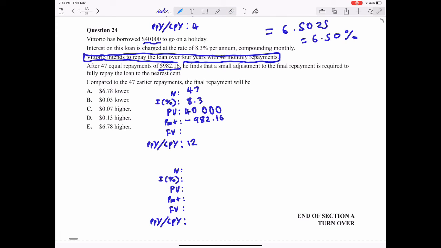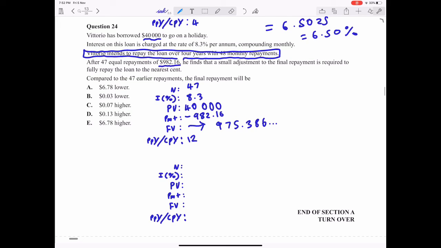And the future value, he finds that a small adjustment to the final repayment is required to fully repay the loan. So basically hit enter on your calculator, and you get the future value, which is the value of his loan after 47 repayments. And if you do that, you'll get 975.386, and that is how much money is remaining.